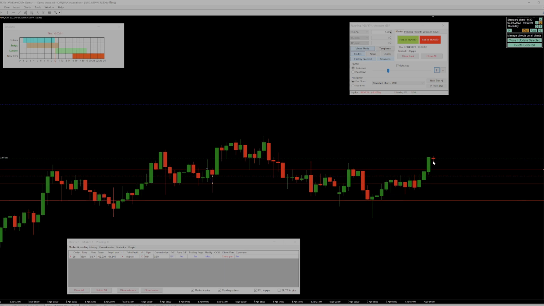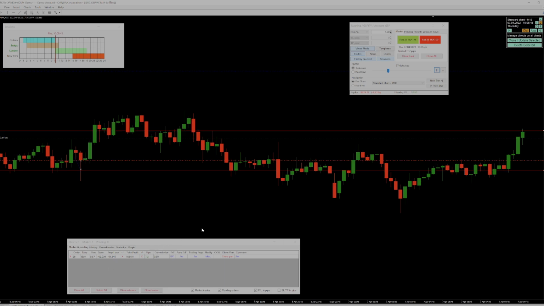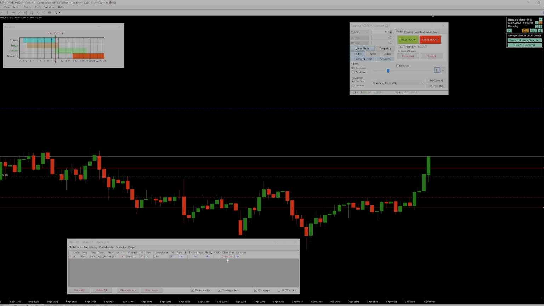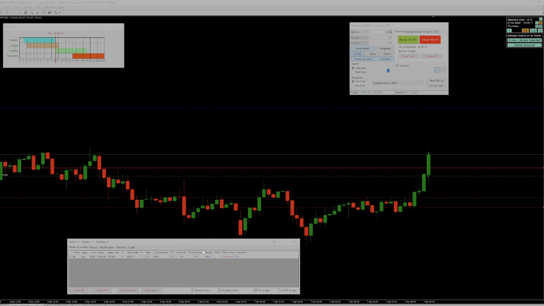I mean, we got good bullish momentum. So I'm gonna let it kind of move some because we got momentum on our side. Alright. Close it.